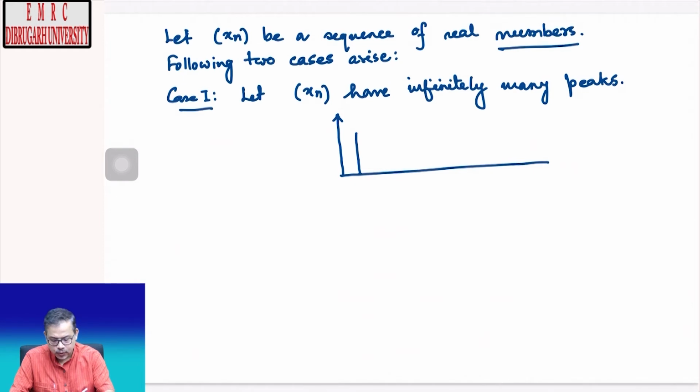This is one peak, suppose the next one is not a peak, maybe the second peak will be this, the next one may not be a peak, the next one may not be a peak, but this next one can be a peak, and so you can have something like this, and it goes on like this, and in this particular situation it will have infinitely many such peaks. Okay.